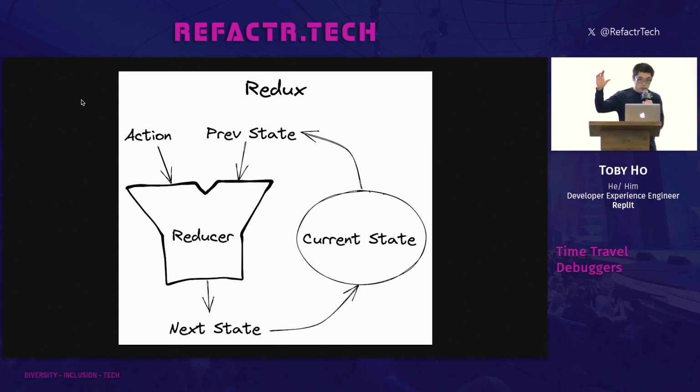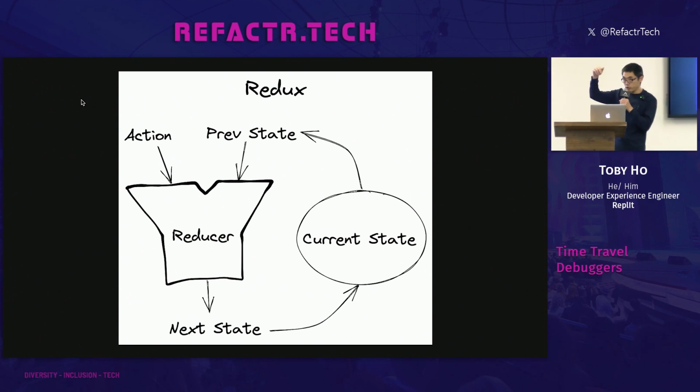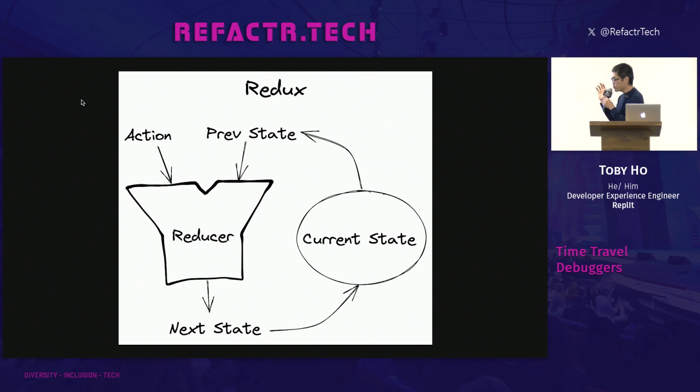So you'll take your current state and you feed it into the reducer as the previous state, along with an action. And an action is an ambiguous way to specify how you should make a change to the previous state. And then out comes the next state, and then you grab the next state and you stick it back into your current state. And that is how you should work with your program.